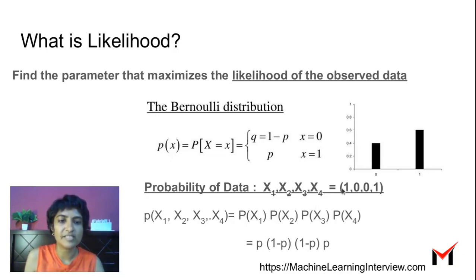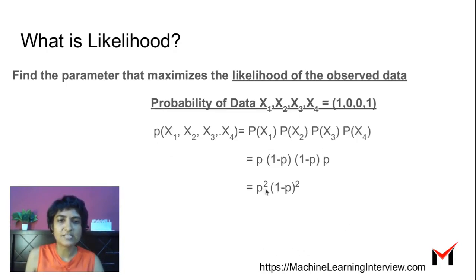So probability of x1 taking 1 is p based on our Bernoulli distribution. Then x2 being 0 is 1 minus p. x3 being 0 is 1 minus p. x4 being 1 is p. So we end up with p square into (1 minus p) square. This is the joint probability of the observations, and this is nothing but the likelihood of our data.